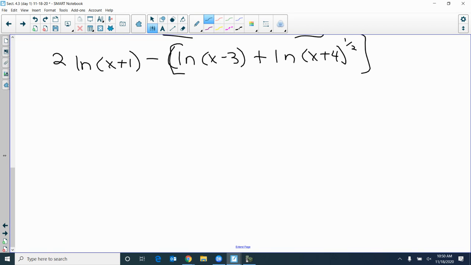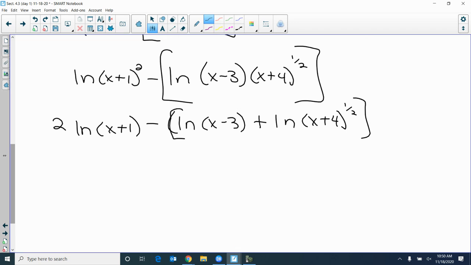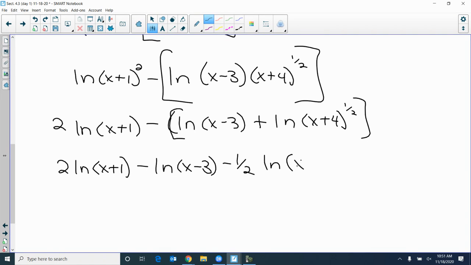So yes, it is a plus because it is a product, but since it was in the denominator, we were subtracting that whole thing. So in the end, we're going to have 2 natural log of x plus 1 minus the natural log of x minus 3 minus 1/2. I got to put that 1/2 out in front. Natural log of x plus 4. Okay? So that's why that works.